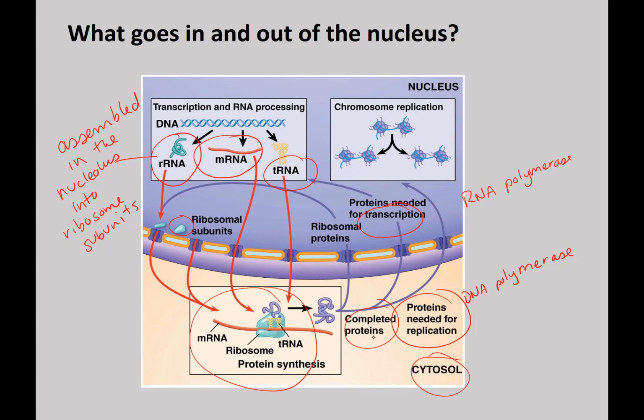Those are made in the cytosol and then have to be transported back into the nucleus to do their work. And this is showing you these little groups of 4. It's actually groups of 8, but I can't draw it 3D. Those are your histones, and the light blue is the DNA wrapped around it.